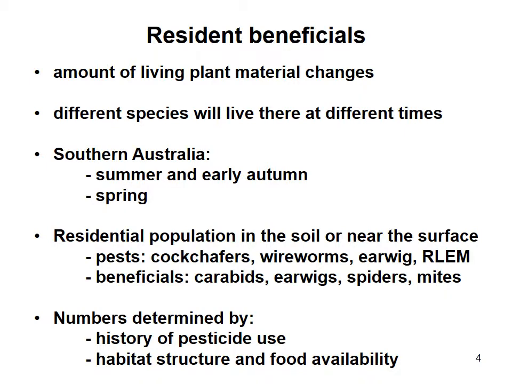And the same thing applies to before and after grazing. So to the invertebrates, this represents a change in habitat structure and food sources. So different species will live there at different times.